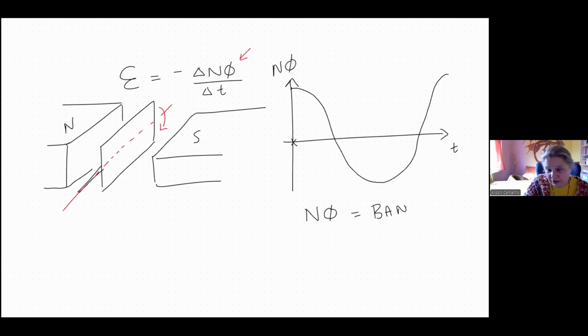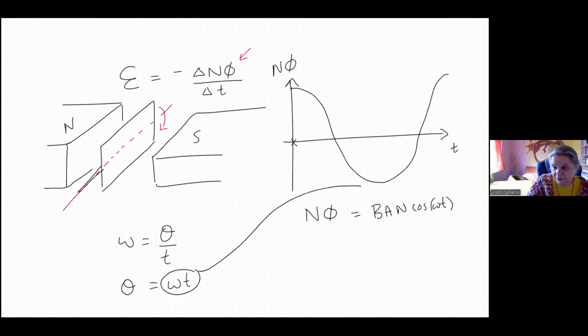But because it's rotating, it's cosine omega t. Right? Omega is the angular speed. So, and remember that omega then, because it's the angular speed, is theta over t. It's the angle divided by time, just like linear speed, but for angles, right? Which means that if we want the angle, then we have to rearrange that. We get theta is omega t. So I've put that in there instead of theta.